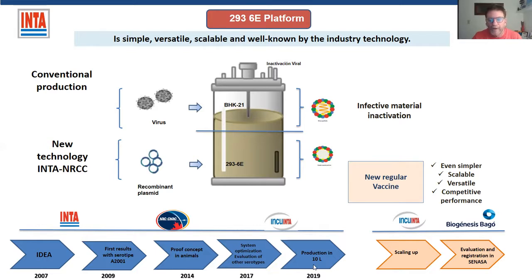And 2 years ago, we made the scaling up to 10 liters. Then we made an agreement with a company, and we are working on a bigger scaling up and on the registration of our development in SENASA, which is our animal health office.